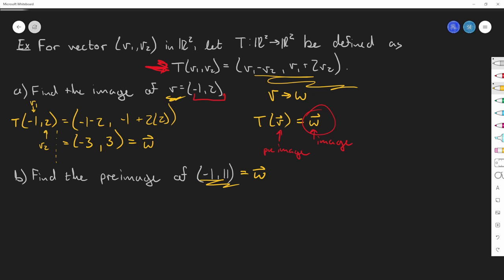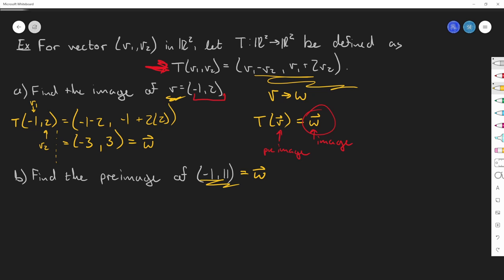Instead of taking a given vector, putting it into the function and getting out the image, we have to take the image and undo the function to get the pre-image, the pre-outlined schematic, the draft.